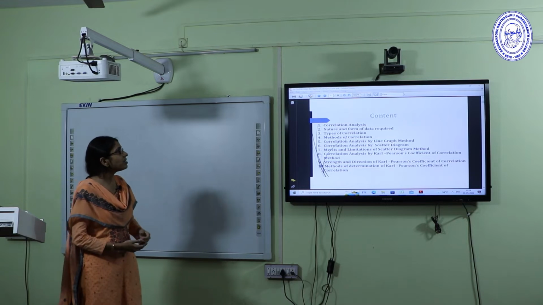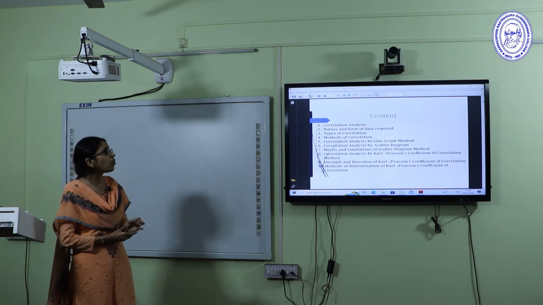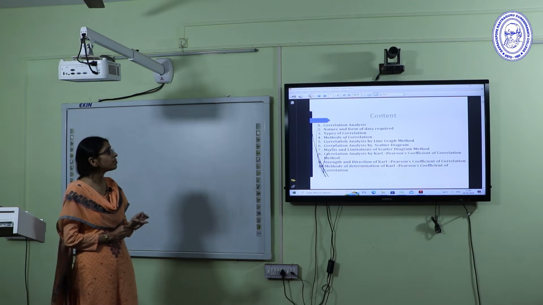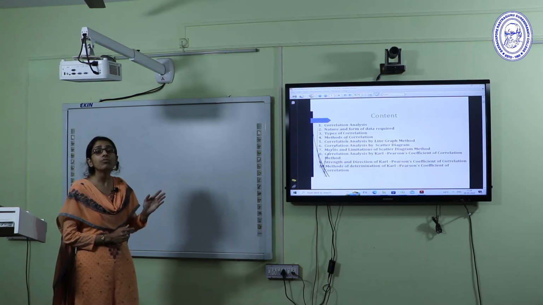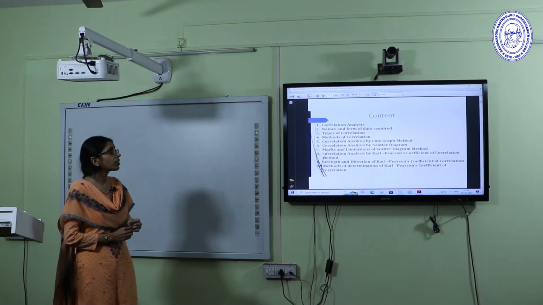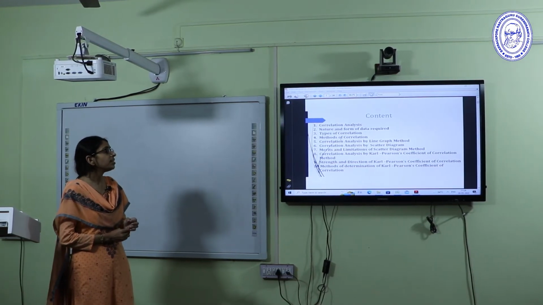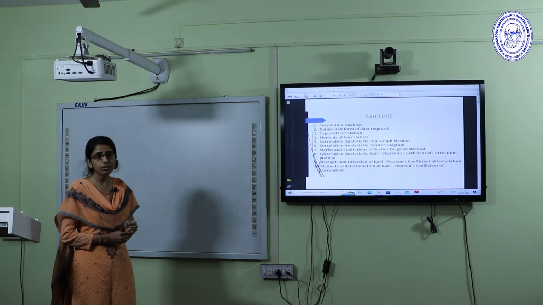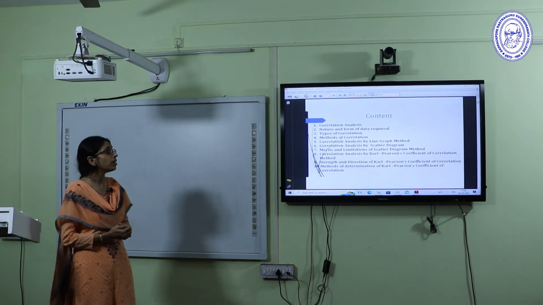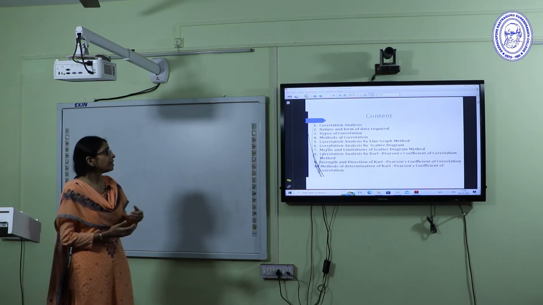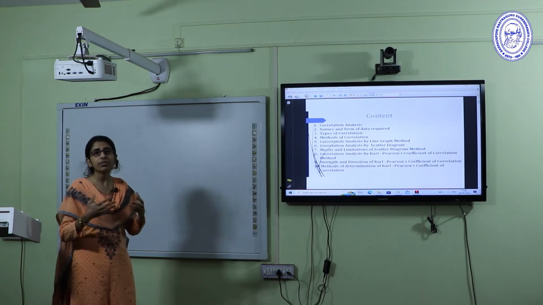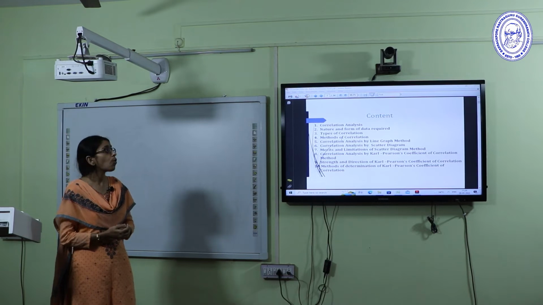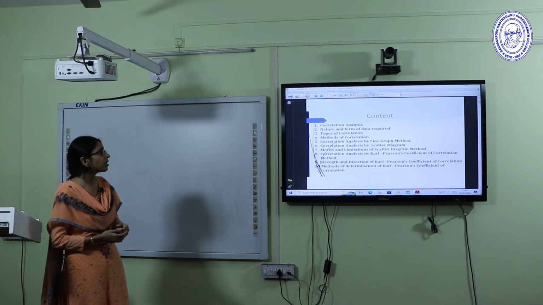First of all, what is the actual definition of correlation analysis? Then, the nature and form of data required. Thirdly, the different types of correlation. Then come the methods of correlation, the different methods we use for correlation analysis.